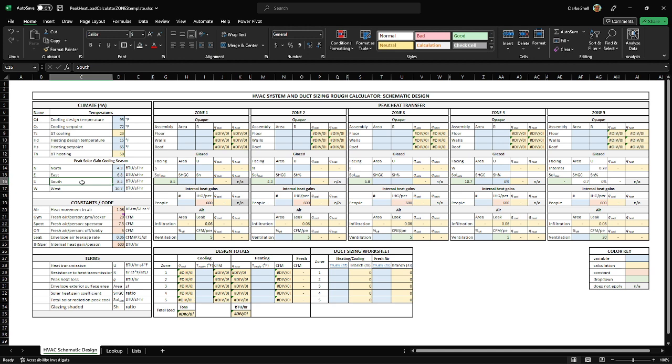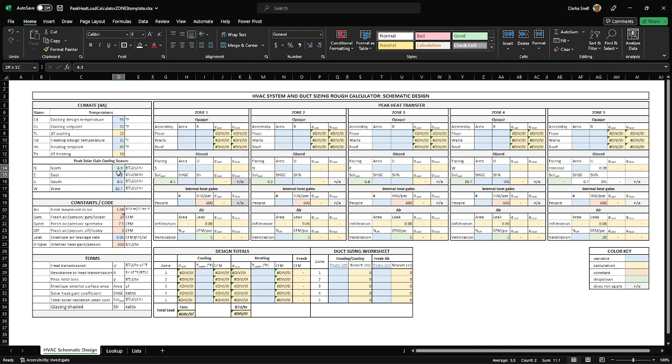So we can't take advantage of the sun for peak heating loads. However, the peak cooling loads may be affected by sun, because the sun is going to be out at a time of the day and year when we have a peak cooling load. So we would actually have to add this to our cooling load.